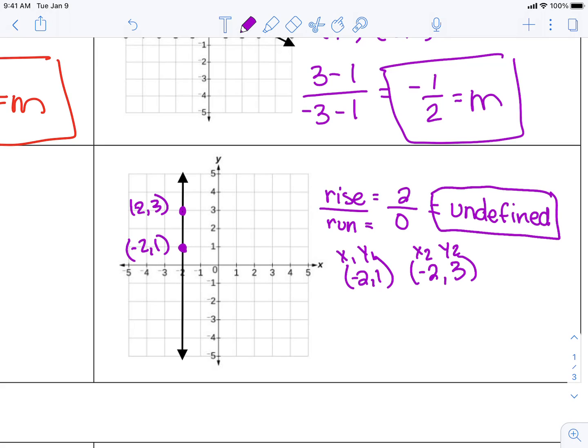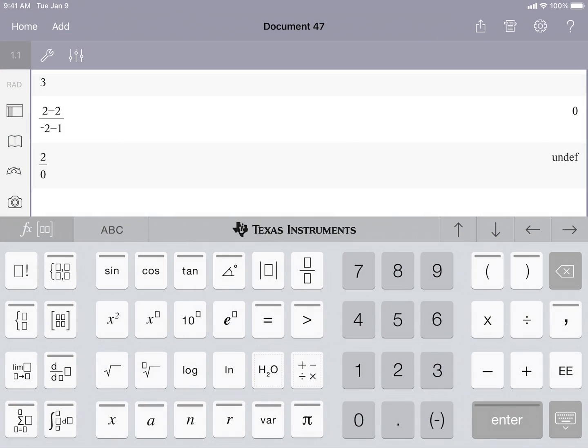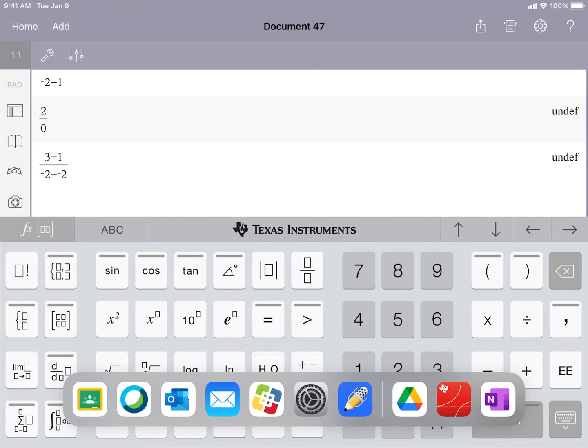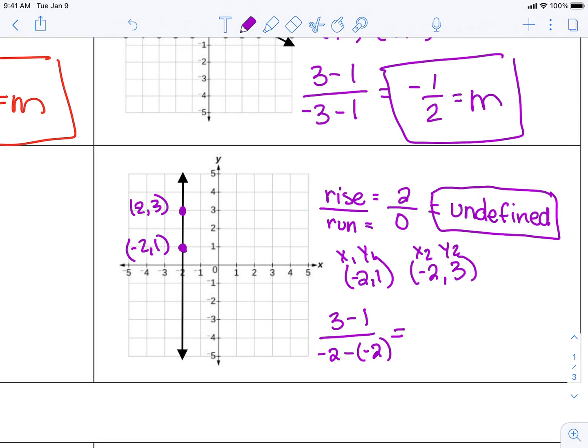I plug it into the formula, y sub 2 minus y sub 1 over x sub 2 minus, be careful with that because it's a negative 2. And I'm just going to type that into my handy dandy calculator. So we have 3 minus 1. And then on bottom we have a negative 2 minus a negative 2. And you also get undefined. Okay, so showing you that both methods work.